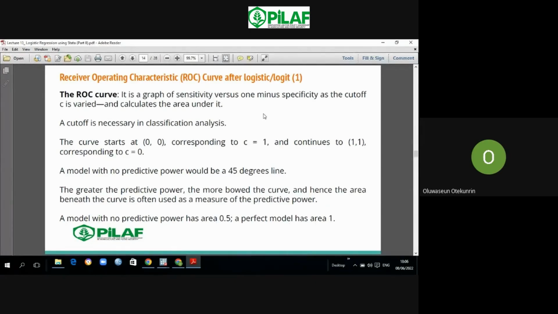In another way, the more bowed the curve, the more the predictive power. So we get the predictive power by looking at the area under the curve.